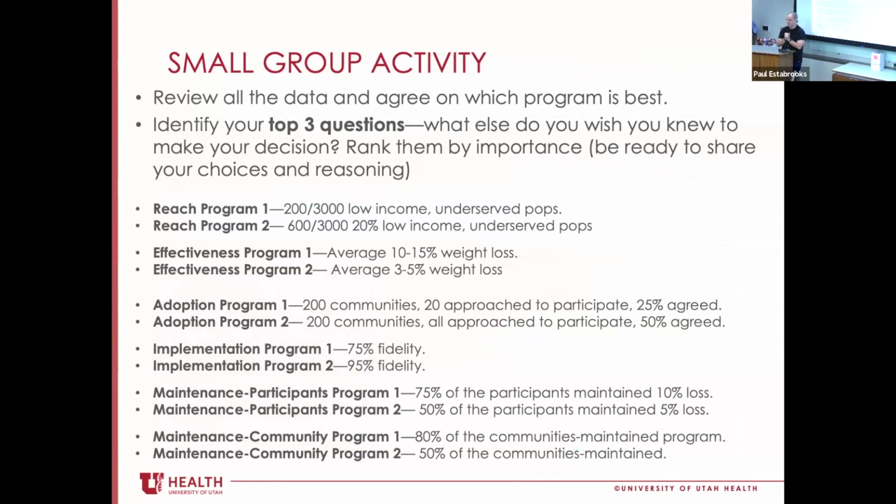You're going to review the data, and together you're going to agree collaboratively, based upon all of the data, which program is better. Once you've done that, you're also going to come up with the 3 most pressing questions that you think would have made it easier to decide which program was better.